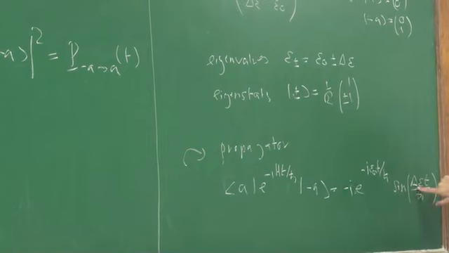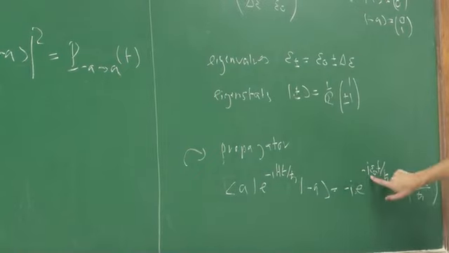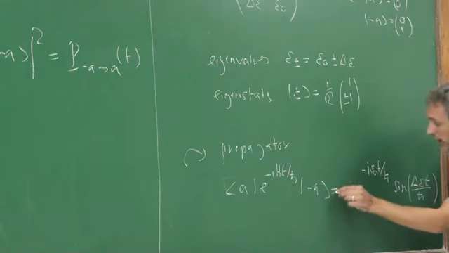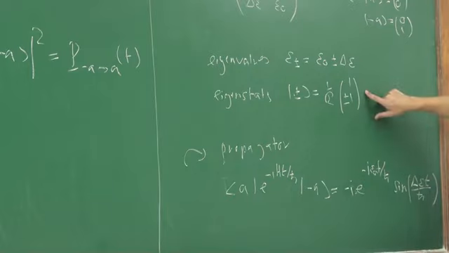So if delta is 0, of course it should vanish. The phase is the dynamical phase given by the average energy, and the second term is what will give rise to the transition probability. You can just check this by using the eigenvalues and the eigenstates.